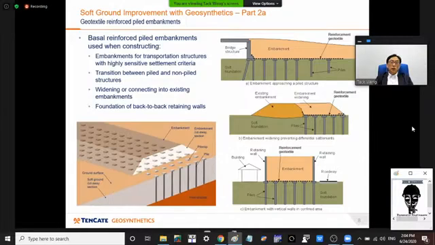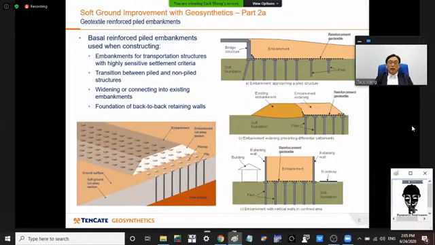Another example is widening or connecting into existing embankments. Existing embankments would have undergone complete consolidation settlement, while the new embankment would be experiencing gradual consolidation settlement.